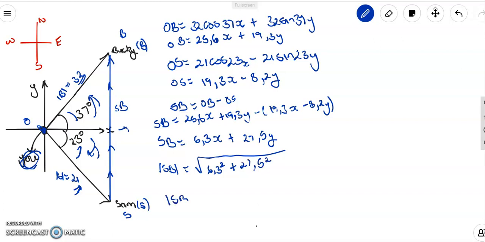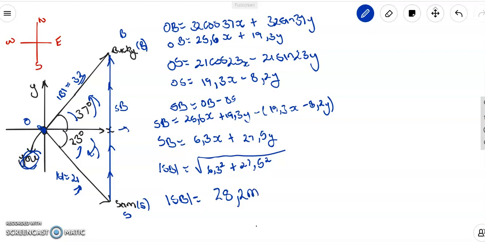Let me punch this into the calculator. Okay, 6.3 squared plus 27.5 squared, which gives me 28.2 meters.